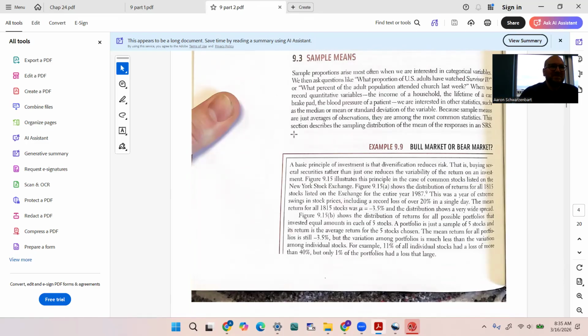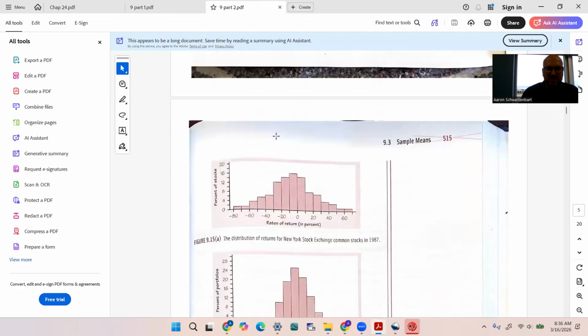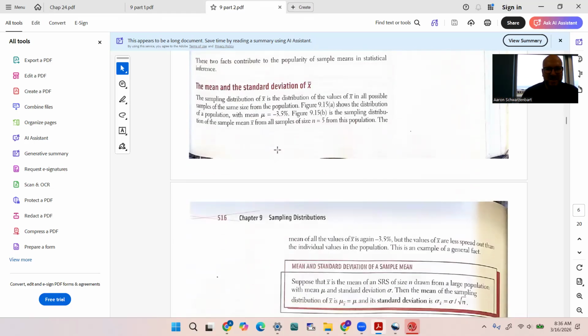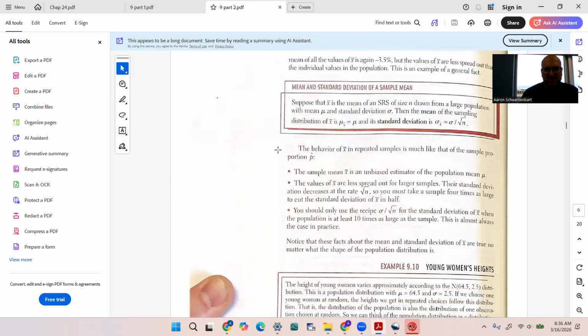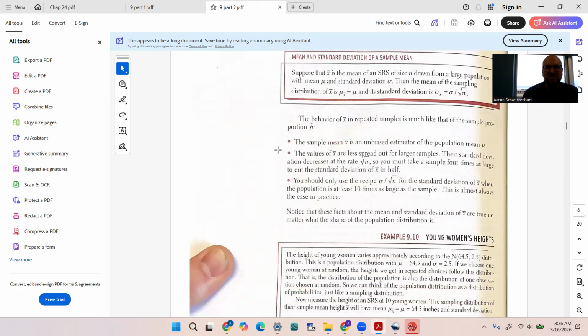So that's 9.2. We're now on to 9.3, sample means. So that's how we do it with proportions. This is how we do it with means. We're skipping over this one. First thing we're going to talk about is the standard error, sort of.